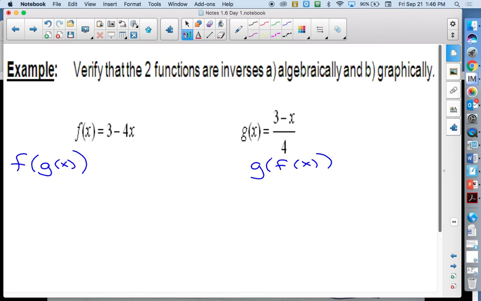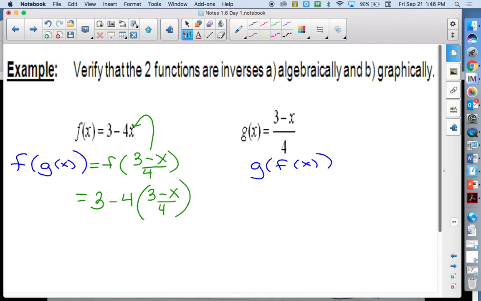We want to verify, show, prove, whichever word you like best, that they are inverses of each other. So just like you did yesterday, just like we did the warm-up, take your g of x, replace it in the f function for x. So g of x is (3 minus x) over 4. We're going to plug that into x. So instead of x, we have (3 minus x) over 4.